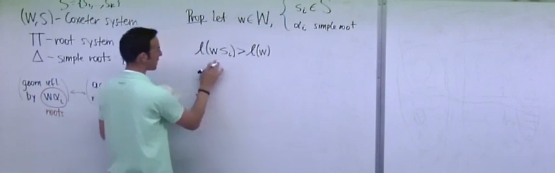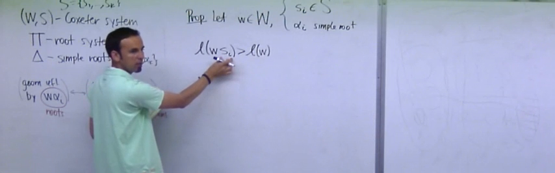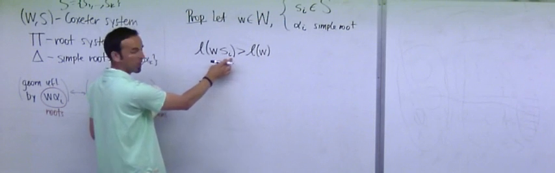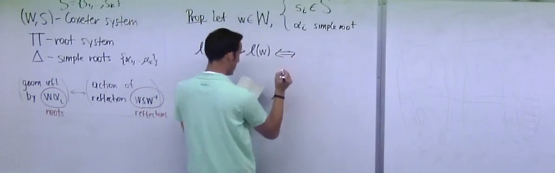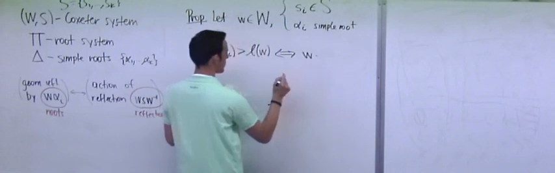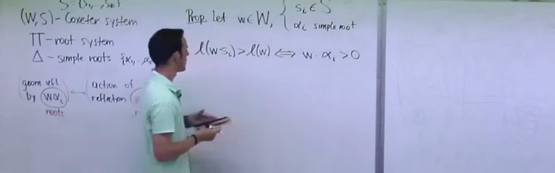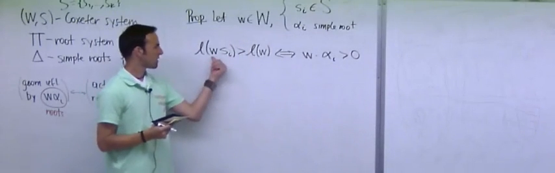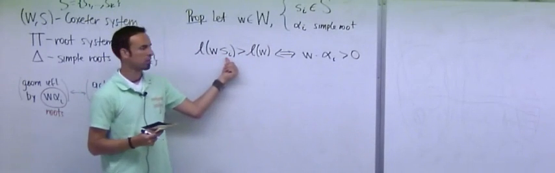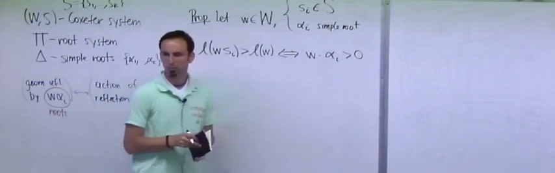This property that if you multiply by generator Si, you get a bigger element, we could characterize geometrically, by saying that if we make that group element act on the corresponding root, then we get a positive root.